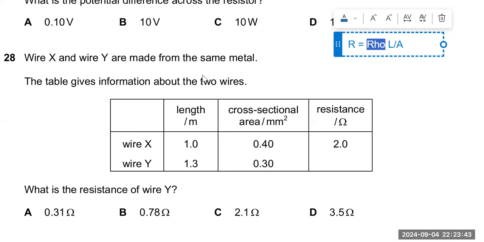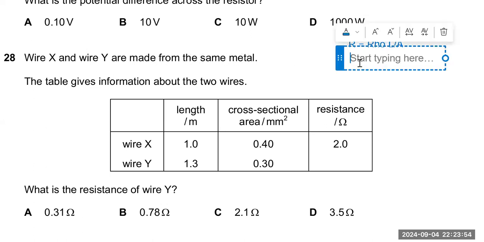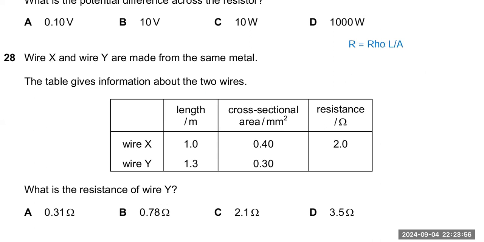The value of rho will be the same for both wires, because both wires are made of the same material. So I will solve this question in the Word file, because it is a little bit lengthy.